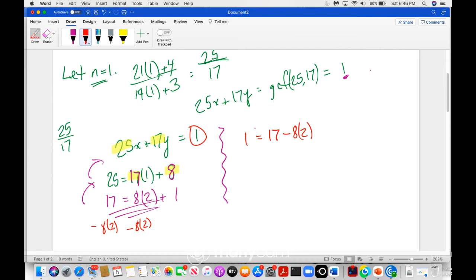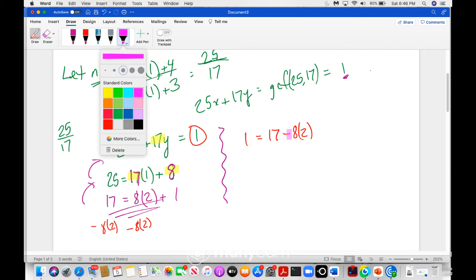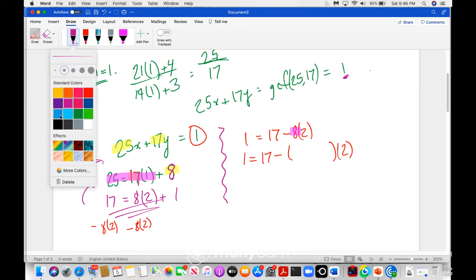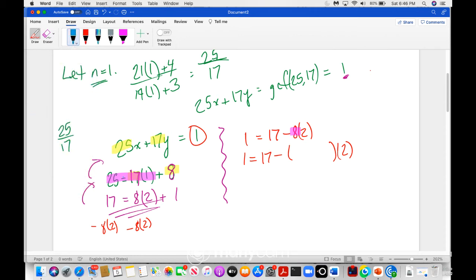Okay, but then I can actually solve for 8. Because 8 was already written as a linear combination of 17 and 25. More specifically, 8 can be written as 25 minus 17.